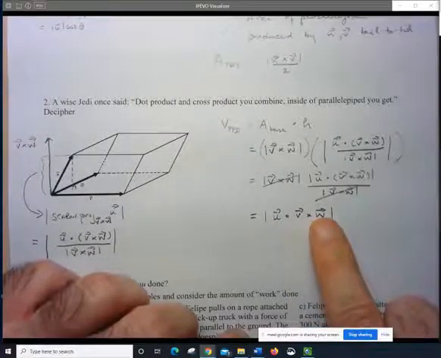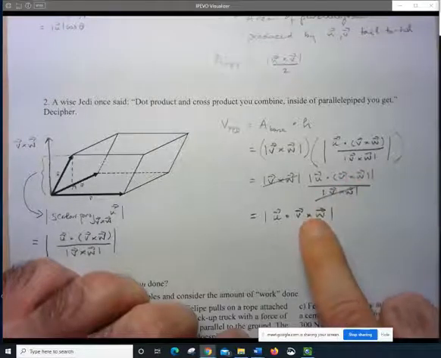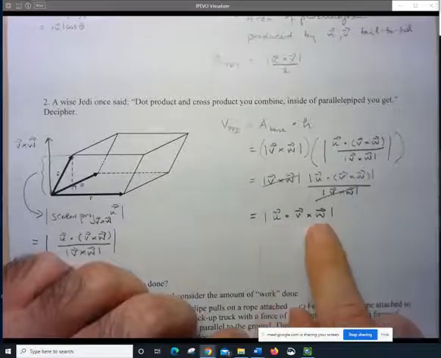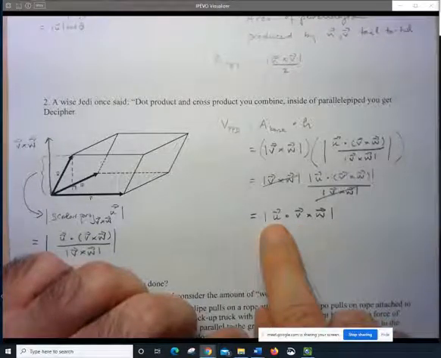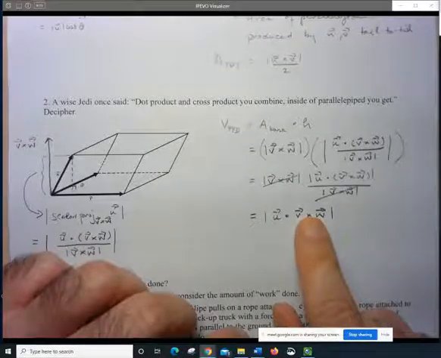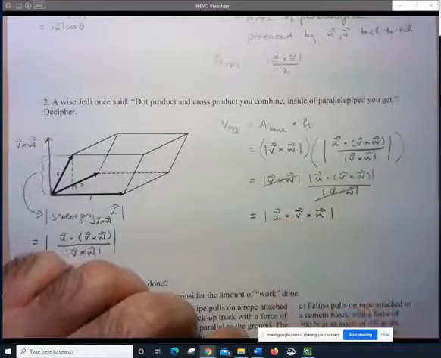And the answer is no. Okay, so the reason why I'm allowed to just take the brackets away is because there's only one reasonable way to perform these products. The only reasonable way to perform these products is to first do the cross product, and then that result can be dotted with the first vector.